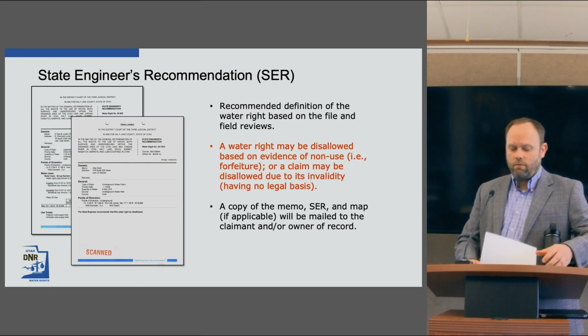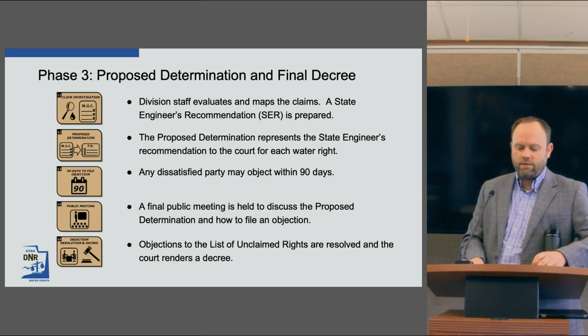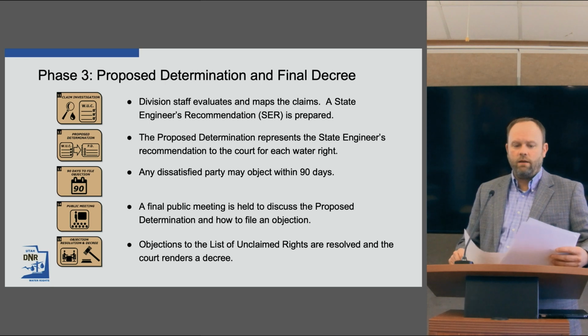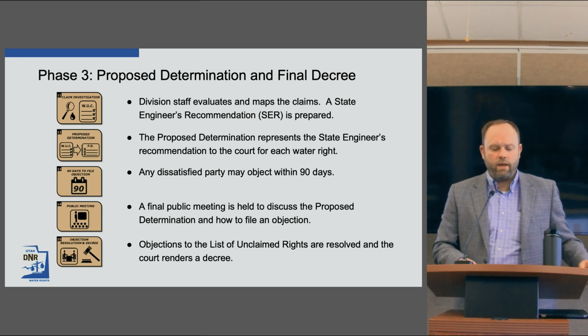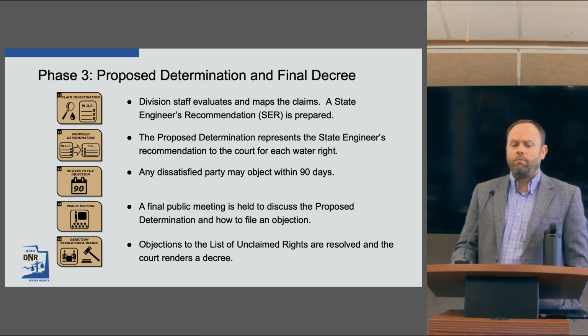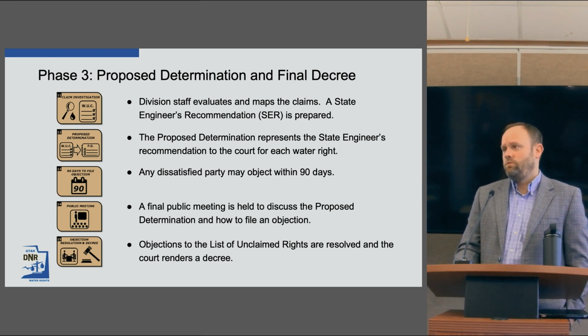Okay, so we'll bounce back here to phase 3 because I don't think we were quite done. Once we have done a field review, we've investigated each and every claim, we file a proposed determination with the court.